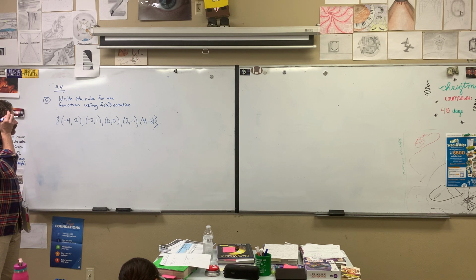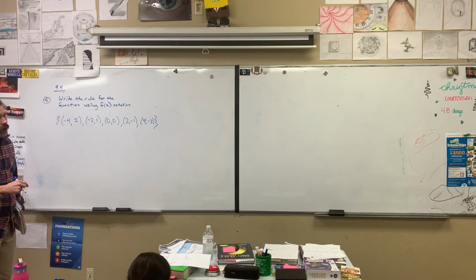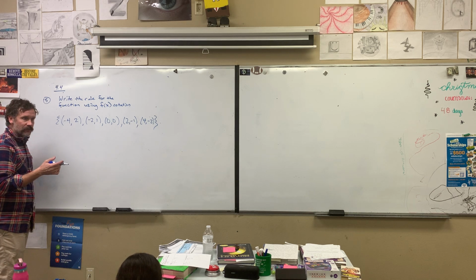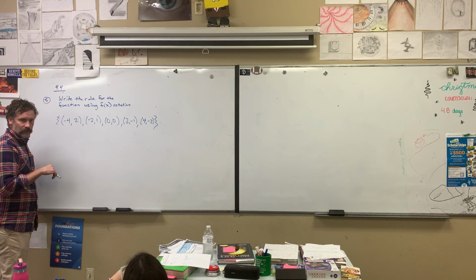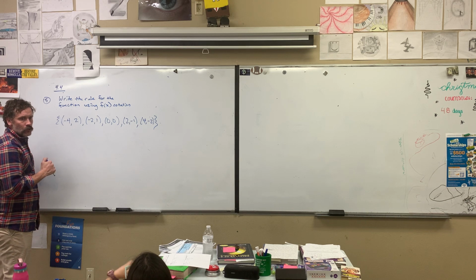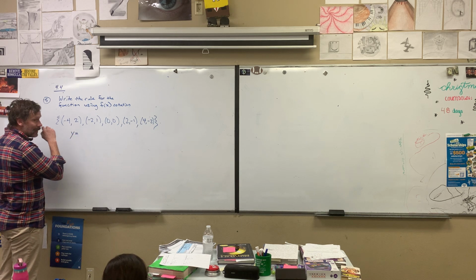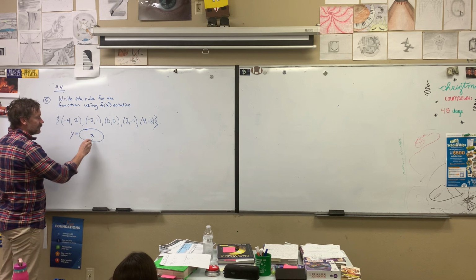And so what we have to do is come up with a rule, like I just erased the rule. I'm okay doing y equals something in terms of x and then changing it to f of x at the end; that's usually probably the easiest thing to do. So you need to write an equation which is like y equals something with an x involved.